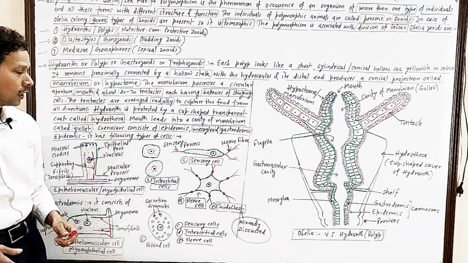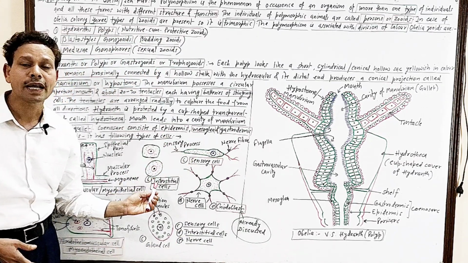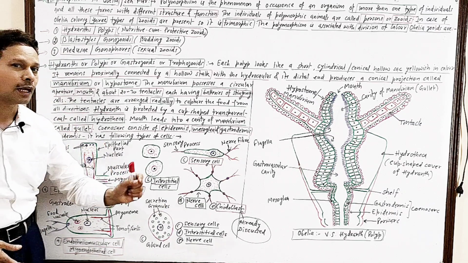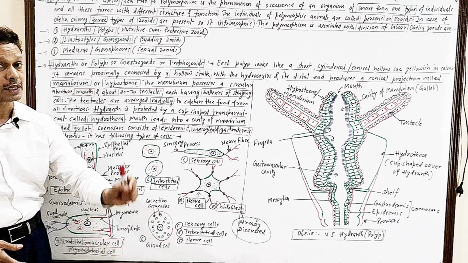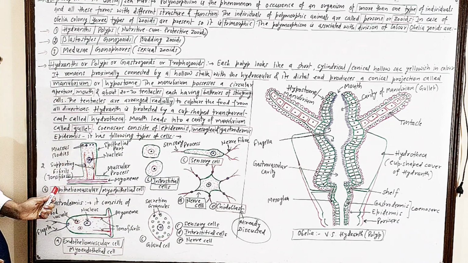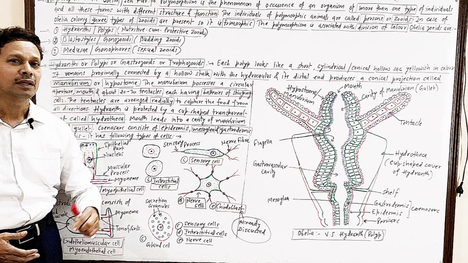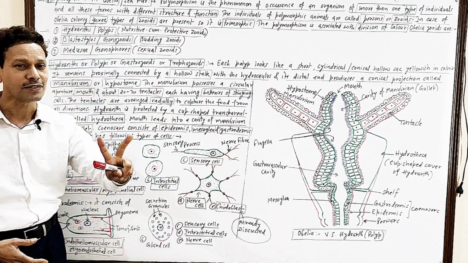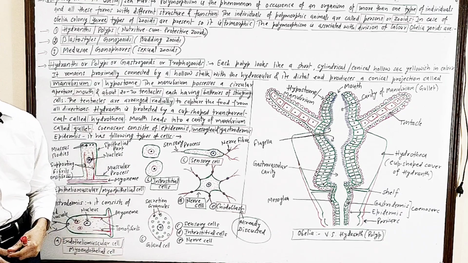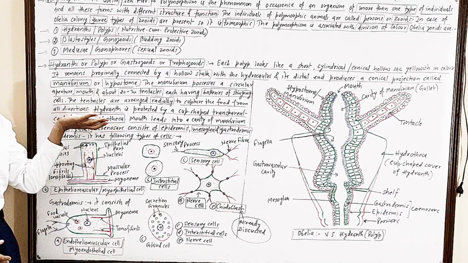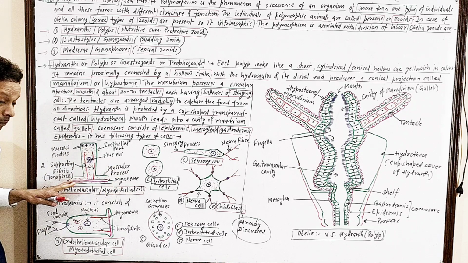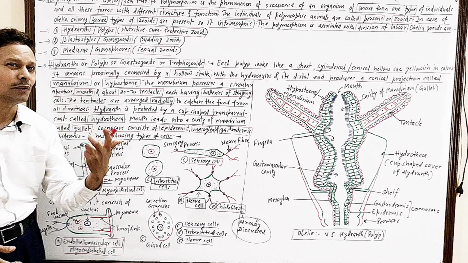Now we will discuss the different types of cells present in epidermis and gastrodermis. First of all, the different types of cells present in the epidermis. These are the following types. Type A, epitheliomuscular cells. Dear students, epitheliomuscular cells means each cell has two processes. The outer projected part is the epithelial part, and the lower basal part is the muscular part.